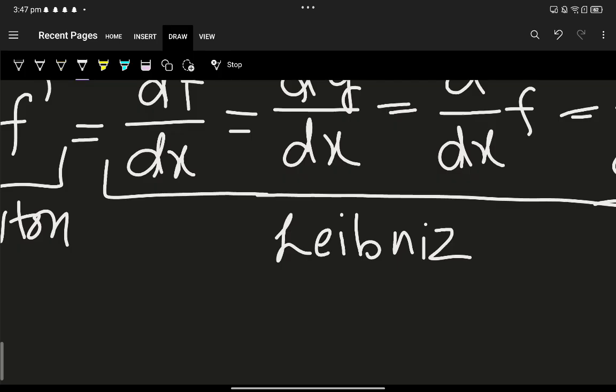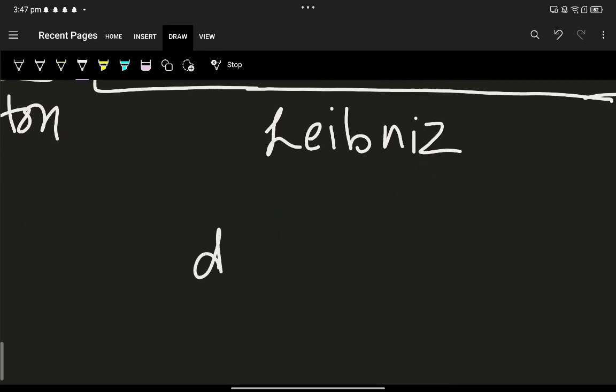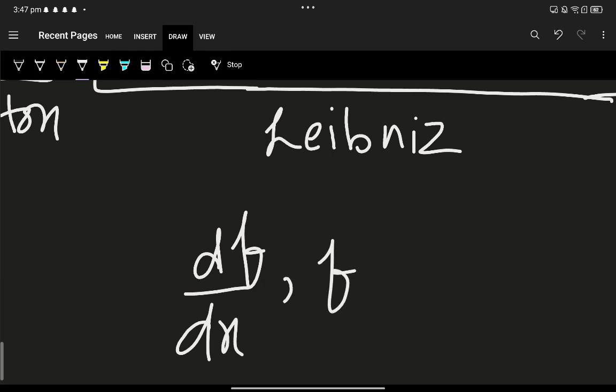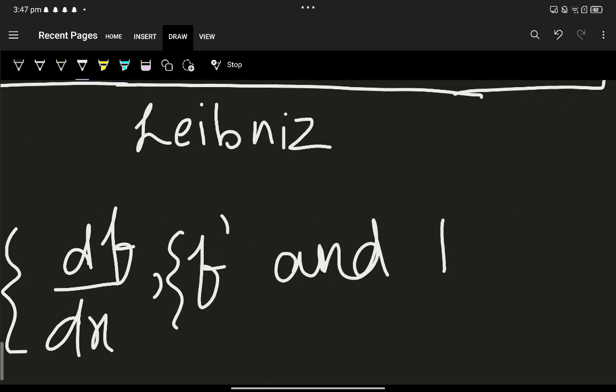Again, other equally valid notations for the derivative of a function f include something like this: df upon dx. Okay, like this, and we can also write this, and you can also write capital Df.